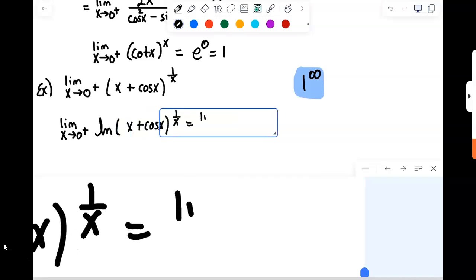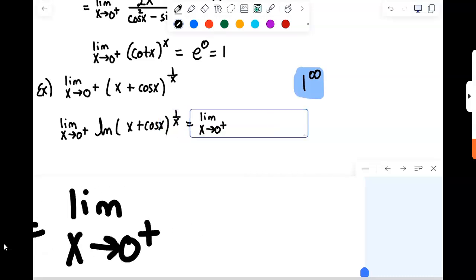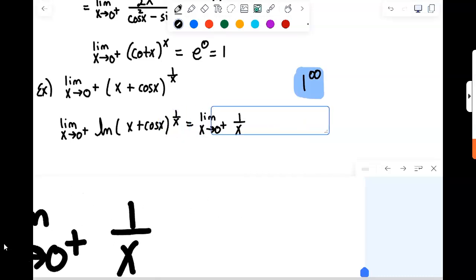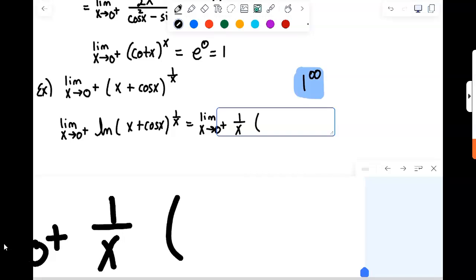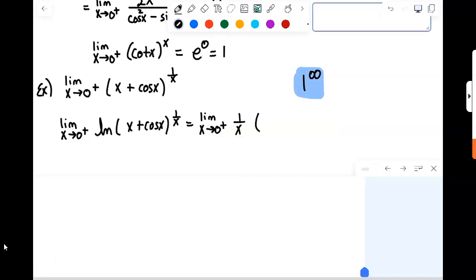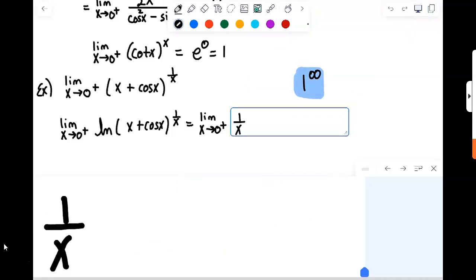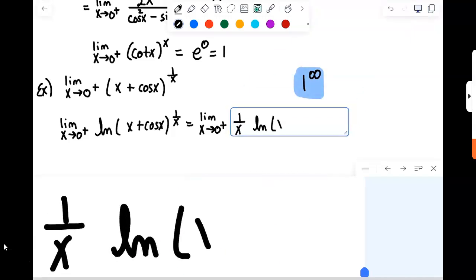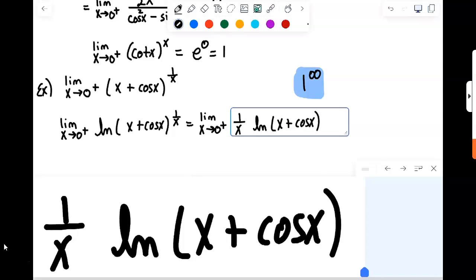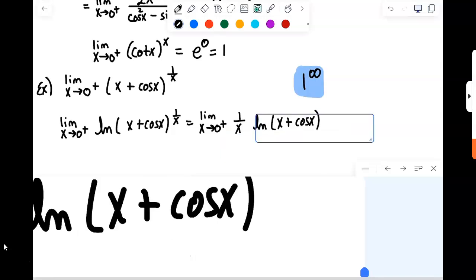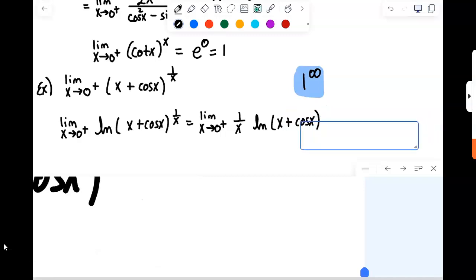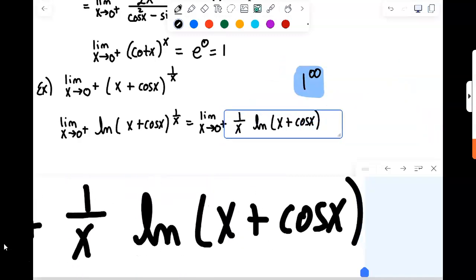We then use our properties of logarithms to bring the 1 over x out front. That would be then times the ln of x plus cosine x.